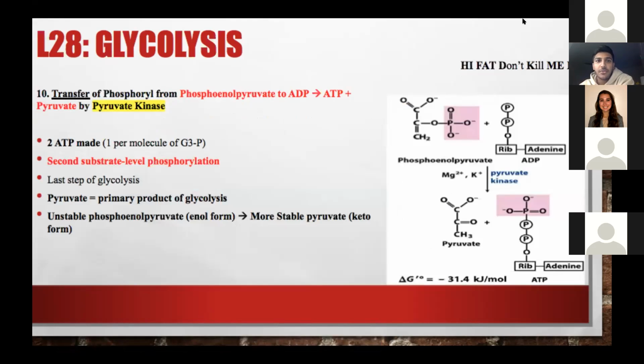And so you have your phosphoenolpyruvate with your ADP. And essentially that ADP is going to be turned into ATP. This gets donated to ADP to make ATP. And then this is through pyruvate kinase, obviously the kinase phosphorylating, and then you make your pyruvate, and that's going to be your primary product. So you're going to be making a total of two from one glucose molecule.